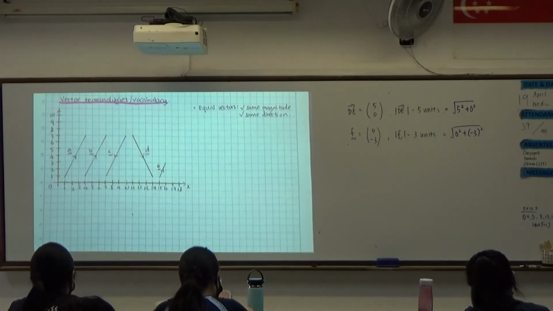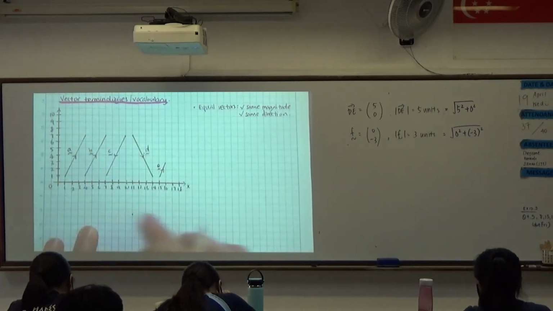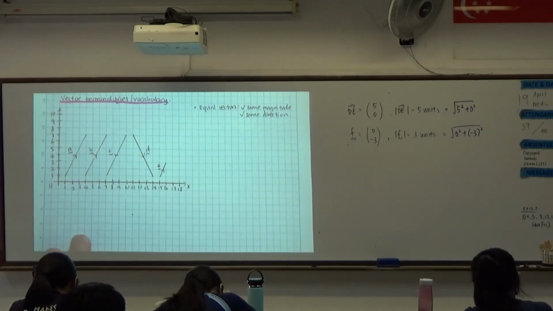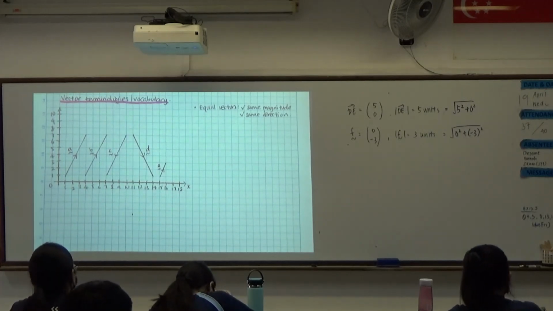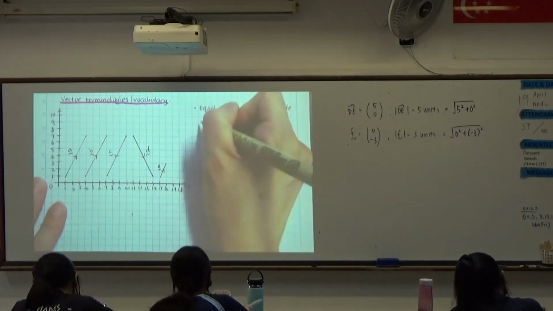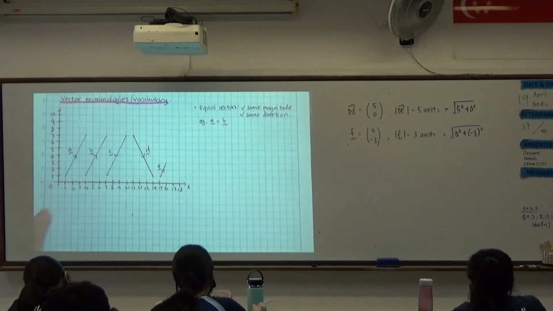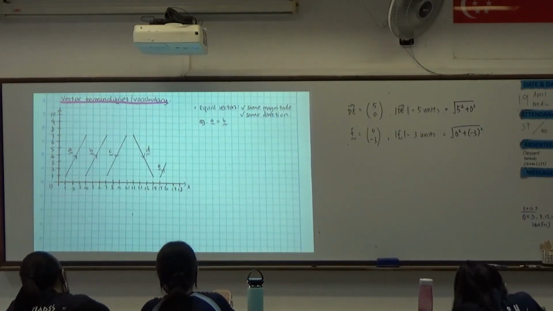So equal vectors will have to be the same magnitude and the same direction. From the diagram over here, what we see as equal vectors will have to be A and B. So as an example, A and B in this case are the equal vectors.